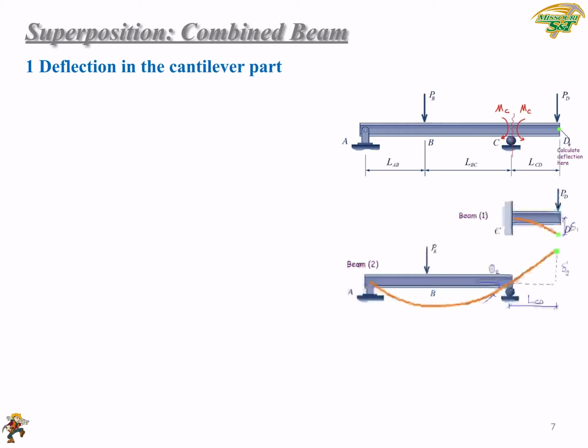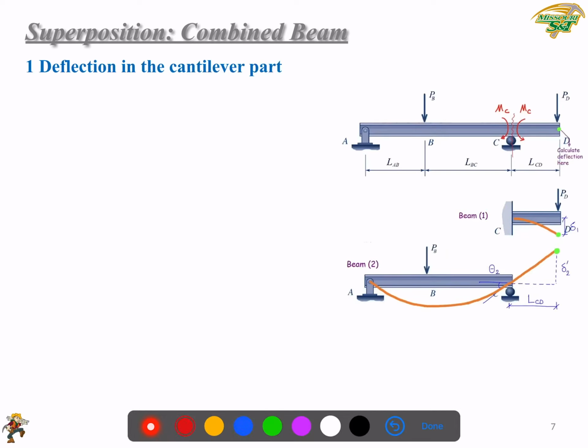So you get a theta 2 here, and this angle is equal to theta 2. So in this triangle, since CD will keep straight but will be rotated, you can calculate the second component, delta 2 prime.